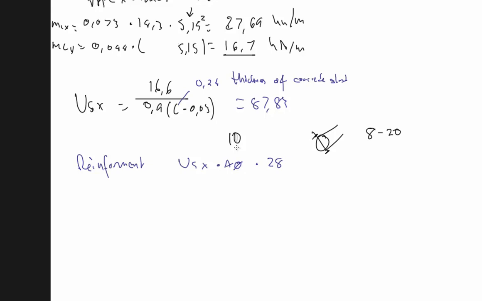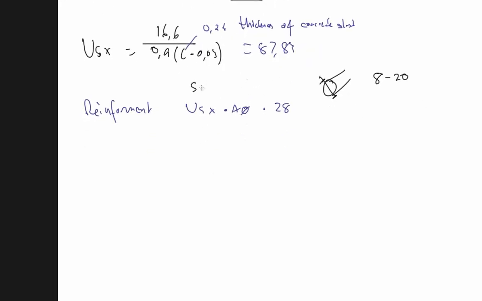That's not how you do it. Okay, so this part is true, but this is what we do later. So we have 87.83 here, and then we take 87.8 divided by 28, and we get the area of this one, and then when we have that, we take out the diameter of it.